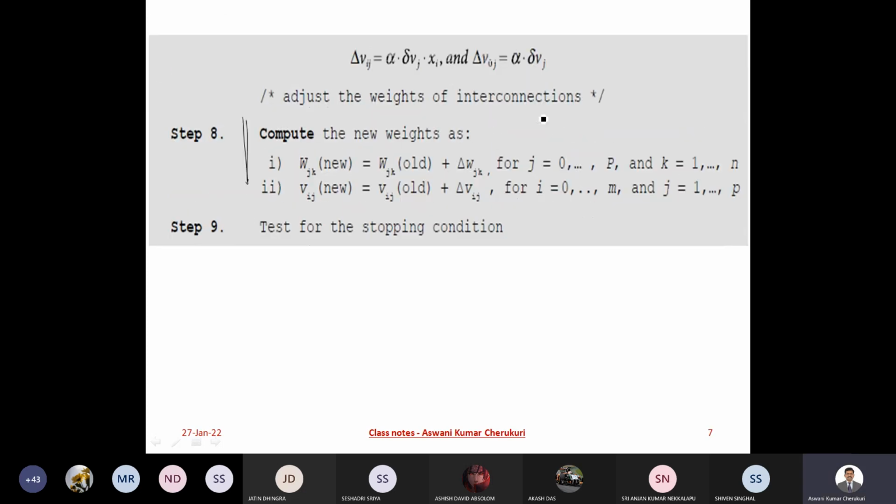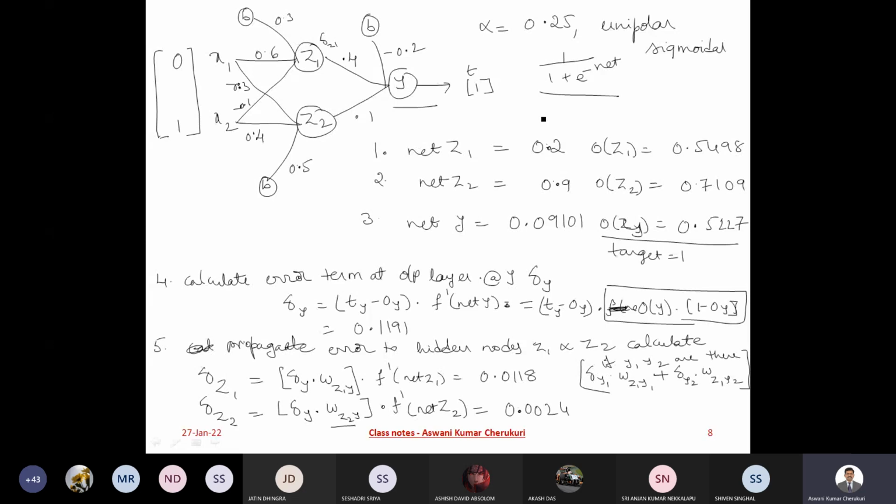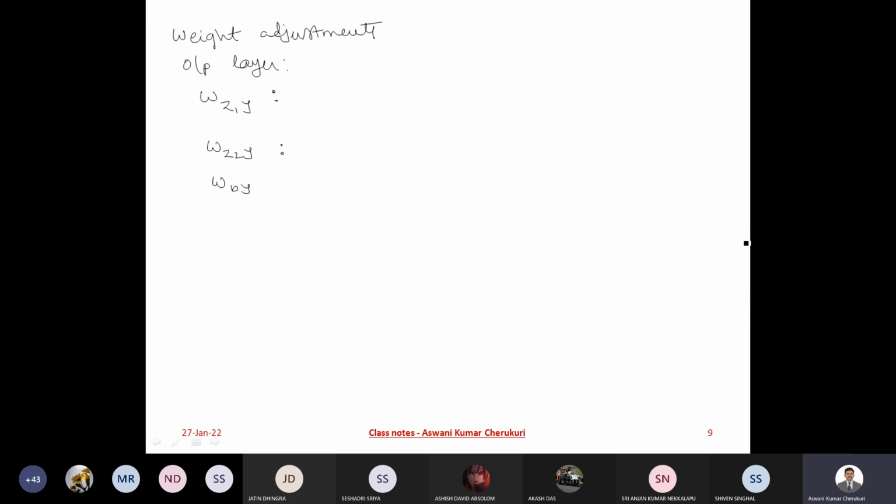Note down the actual output at y is 0.5227, right? So new weight equals old weight plus alpha del y into o y.